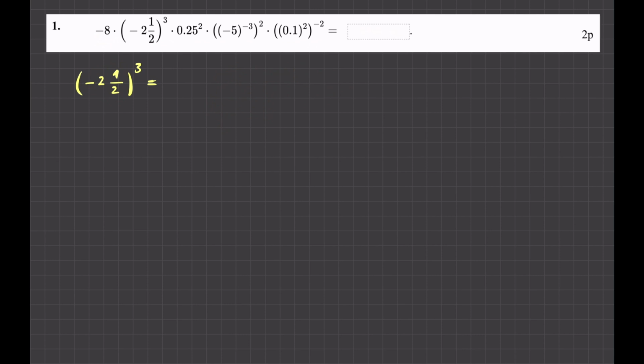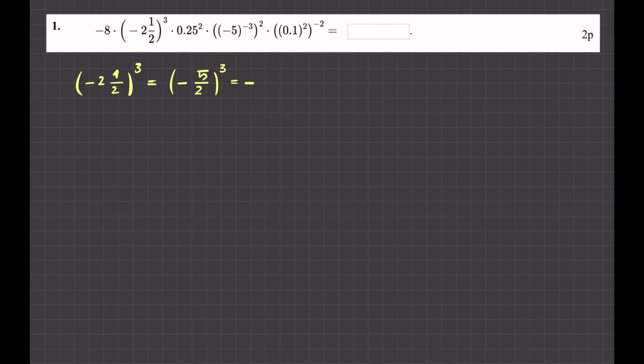As I told you, I consider 2 1/2. And then the answer becomes 2 times 2, 4 plus 1, 5/2. But I have a minus sign, so I put the minus sign there, and then I have to the power of 3. Okay? But because this is minus and this power is odd, it remains minus.